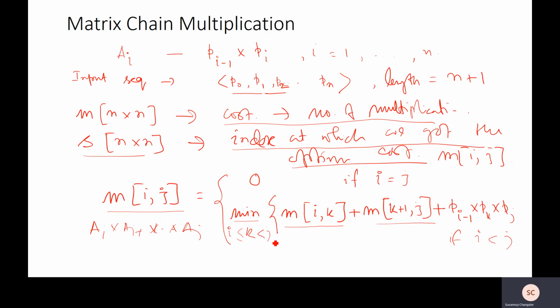K will vary from i to j, inclusive of i and excluding j. Okay. So if we can write the algorithm to find this value, then we can solve the problem.